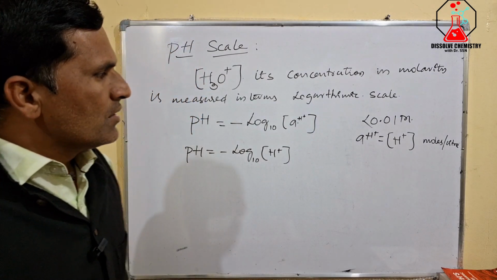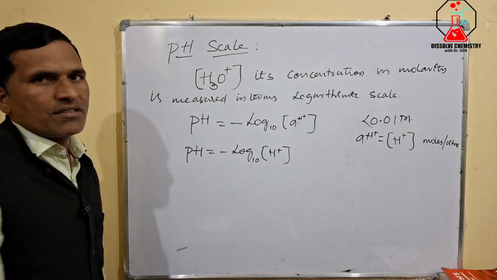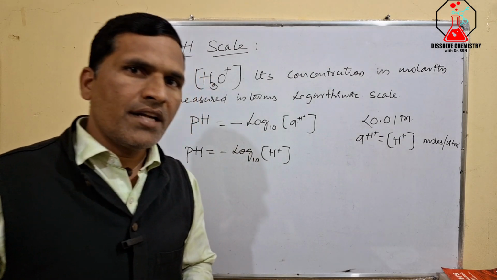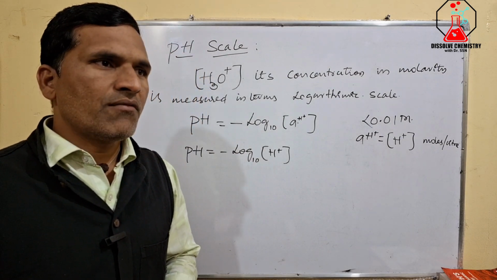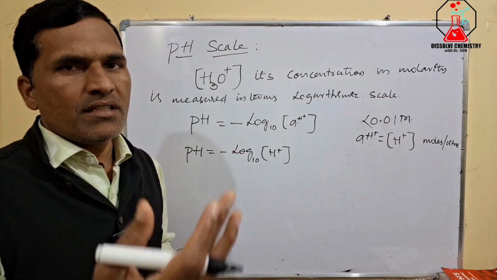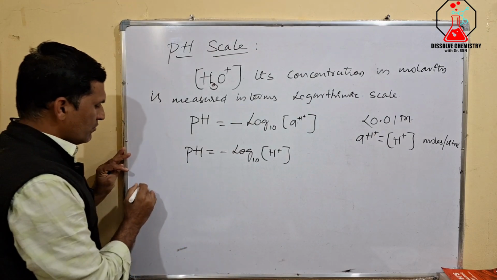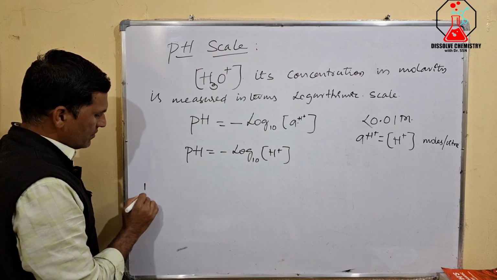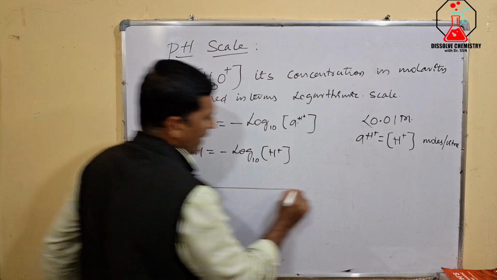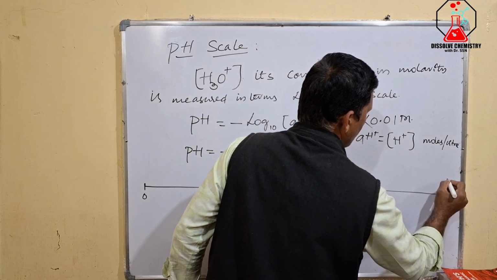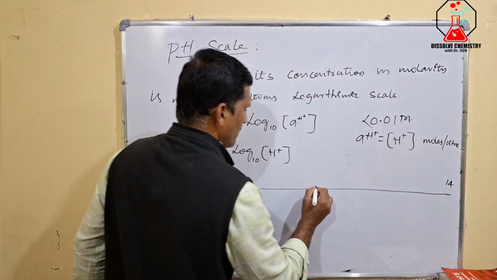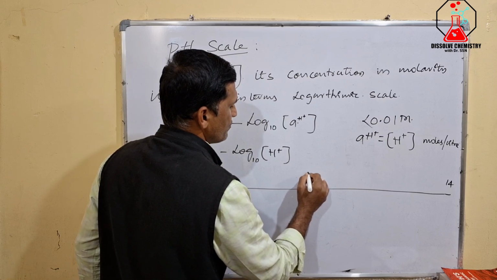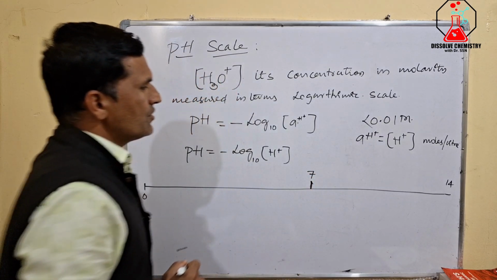Now this pH scale ranges from, as we know the ionic product of water is 10 to the power minus 14, 0 to 14. The scale starts from 0 and ends at 14. On the pH scale, 7 is the middle pH.